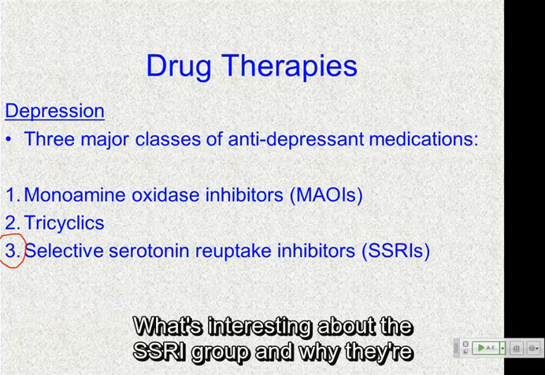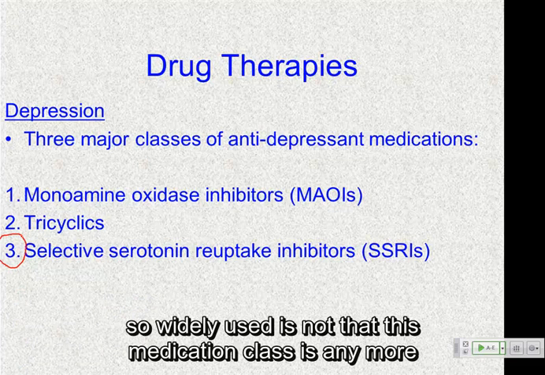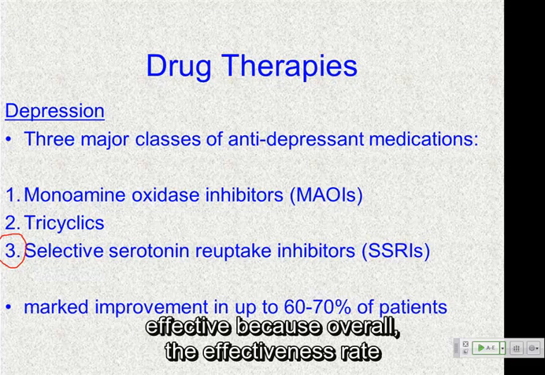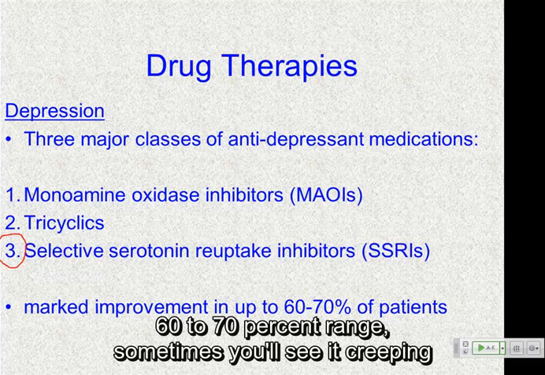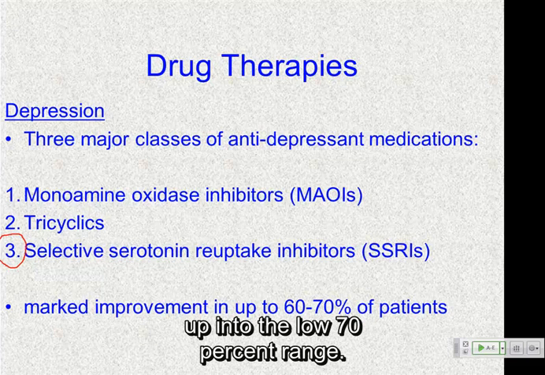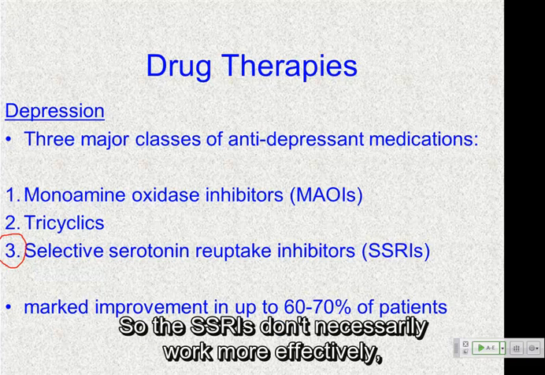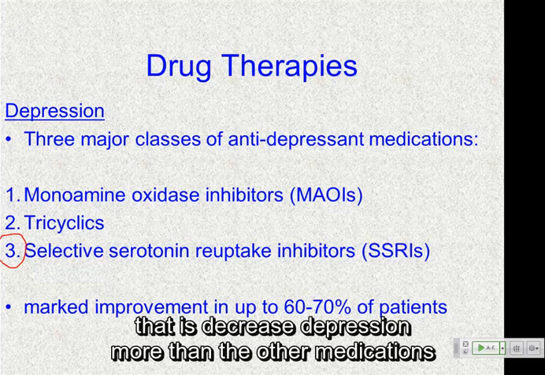What's interesting about the SSRI group and why they're so widely used is not that this medication class is any more effective, because overall the effectiveness rate across all three classes is basically about two-thirds, 60 to 70% range. Sometimes you'll see it creeping up into the low 70% range. Okay? So the SSRIs don't necessarily work more effectively, that is, decrease depression more than the other medications.